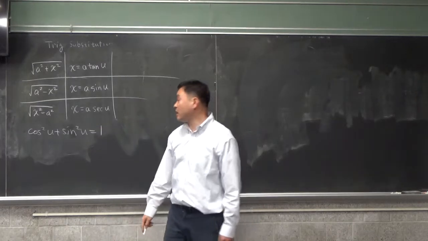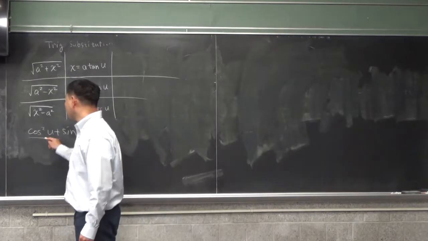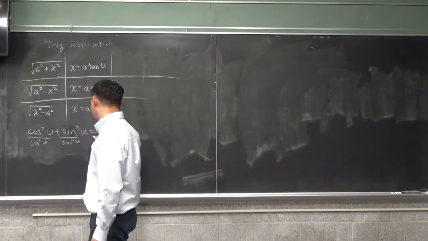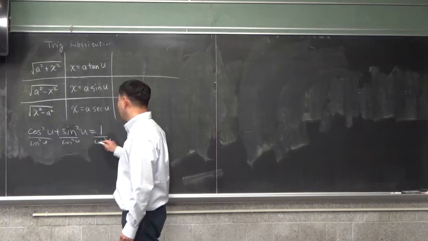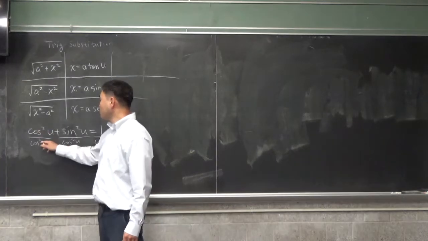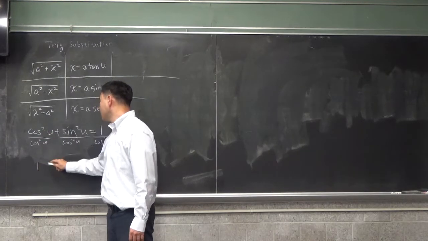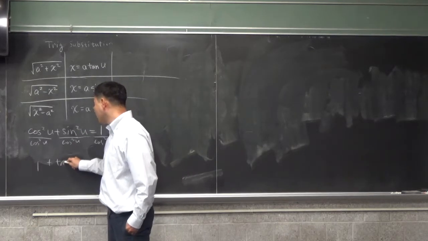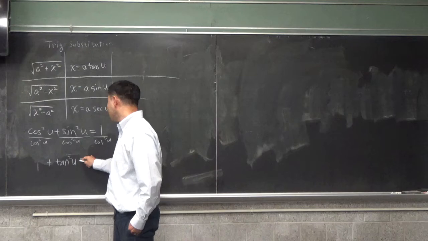And then if you divide this by cosine squared on both sides, cosine over cosine will be 1. Sine over cosine, tangent squared of u.